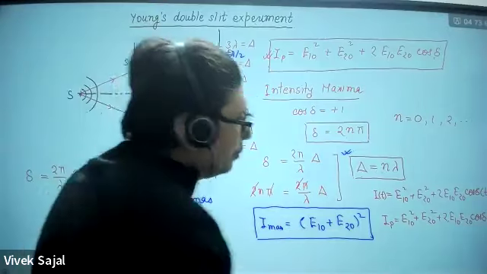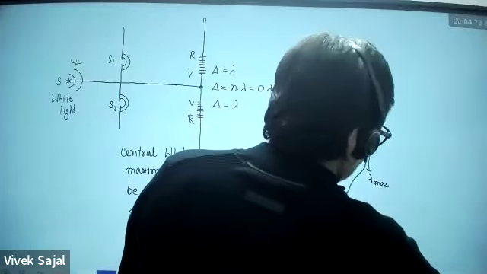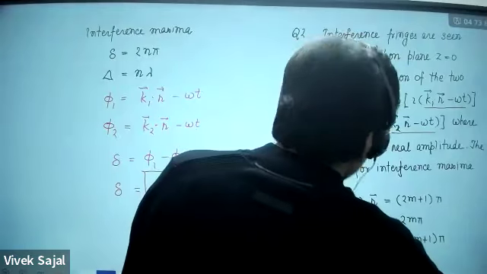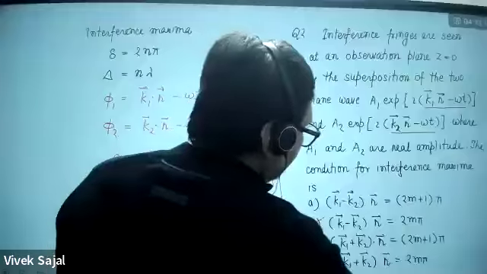One more thing I am going to tell you here. I have answered your question, but one more thing from your question I can ask. Just one second, I'm writing here.